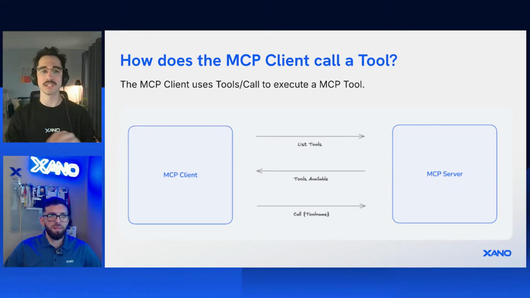Now, what that actually looks like. So how does that MCP client call a tool? We have a diagram here that illustrates the MCP client's communication with the MCP server. And we can see that it goes back and forth a handful of times. That MCP client is going to ask the server to list all of the tools. It's going to say, hey, you have all of the tools. What can I use? That MCP server is going to respond with all of the available tools, and that client is then going to call the tools that it can use.